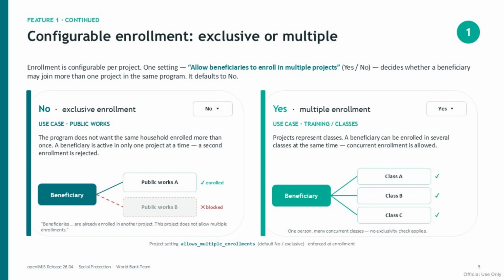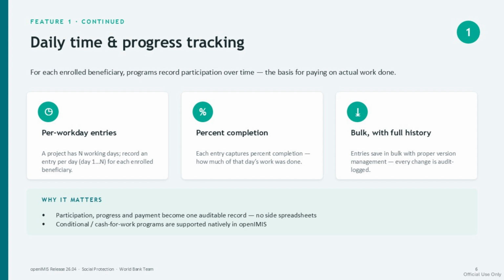At the project level, working days are specified when the project is first created. Once the status of a project is switched from under preparation to in progress, you will be able to do timesheet entry for each beneficiary enrolled in the project.